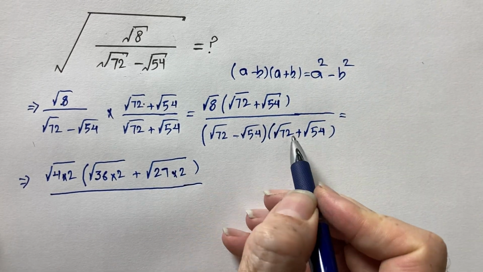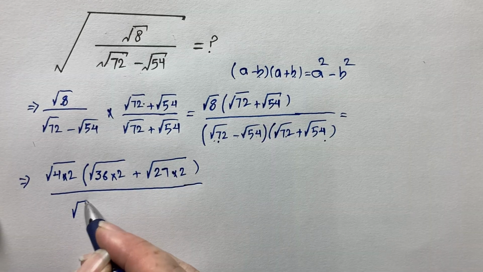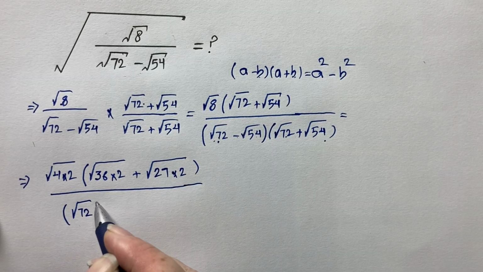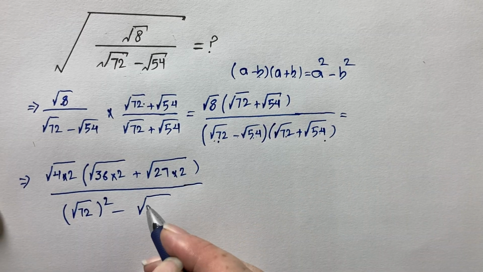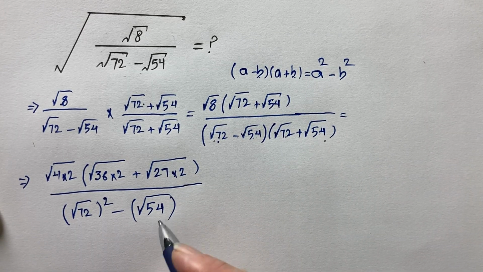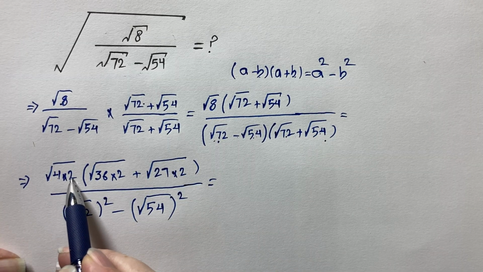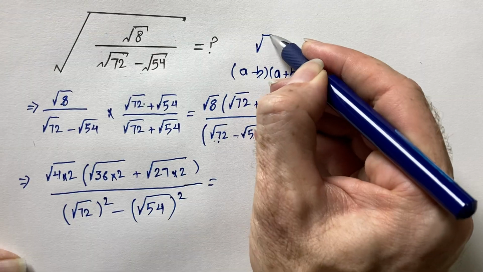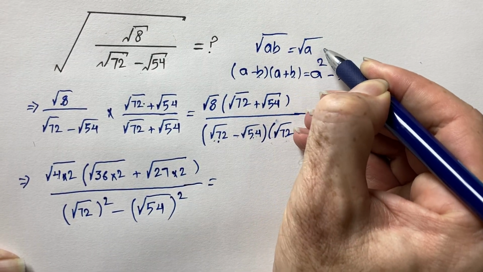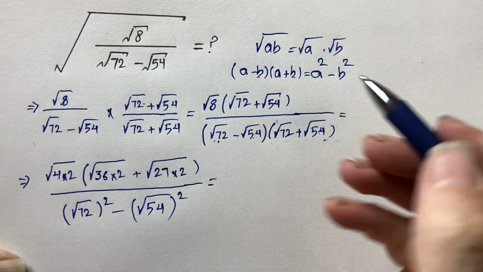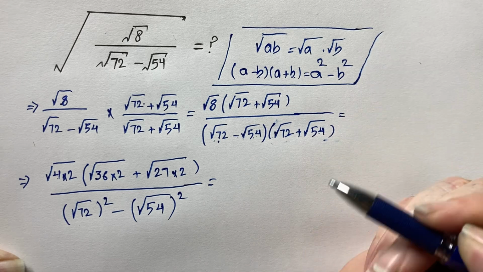So in this case, it is going to be first term, square root of 72 to the power of 2, minus second term, square root of 54 to the power of 2. Next, square root of 4 times 2. All you know, square root of a times b can be written as square root of a times square root of b, right? So I want to use these two rules to continue the solution.